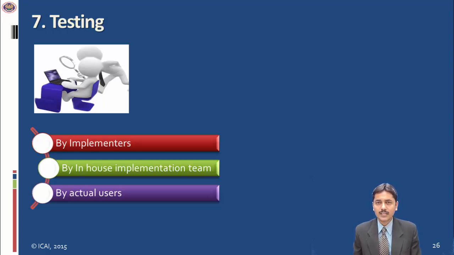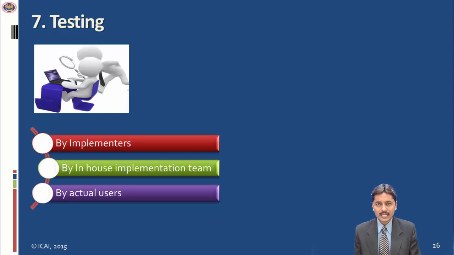Once this testing by actual users is over, the testing process will be over. Testing by the user may not be called technical testing, but it will be testing about input and output only. Whatever output is expected to be generated by the system, it should be generated, and that only will be tested by the user.